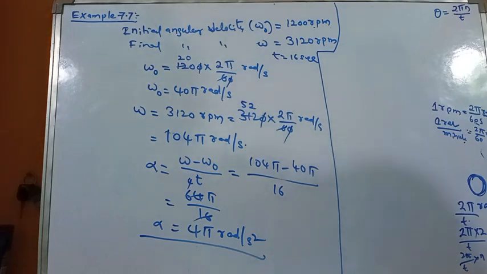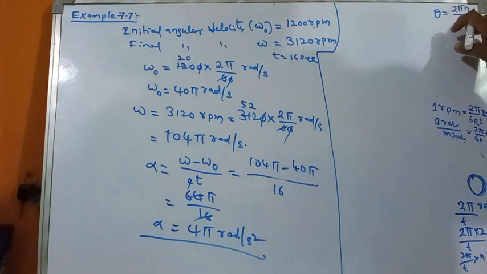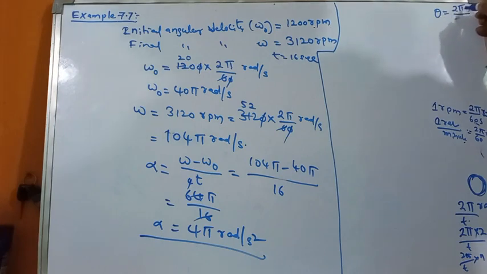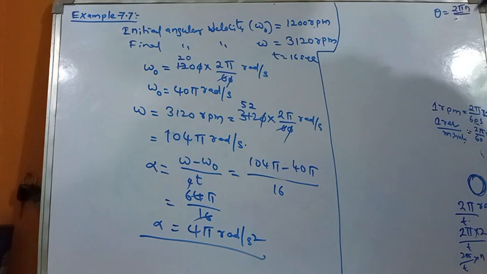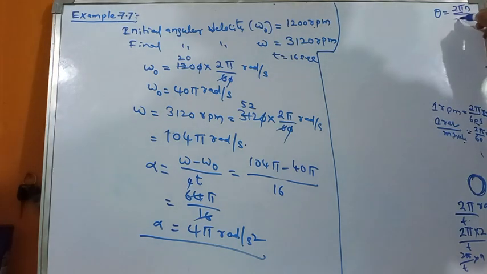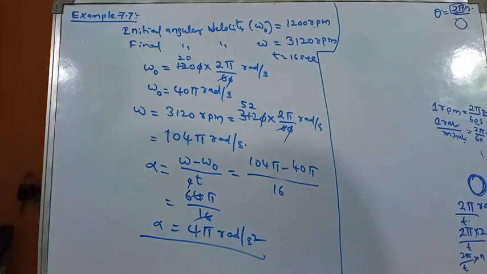Sorry, this is the number of revolutions. So 2 pi into n: 2 pi is the angular displacement in one revolution, and 2 pi n means the angular displacement in n number of revolutions. In one revolution it completes one cycle, which makes 2 pi radians. If n revolutions are completed, 2 pi into n is the angular displacement.